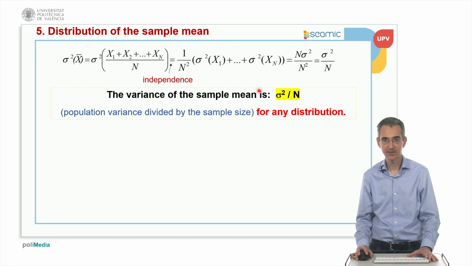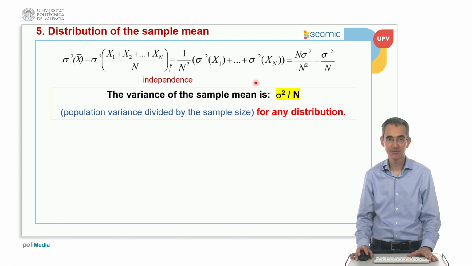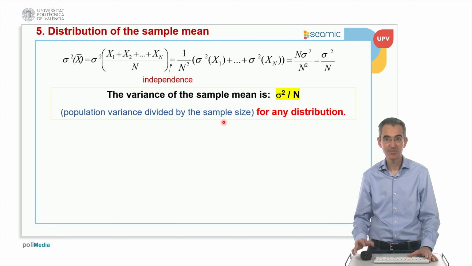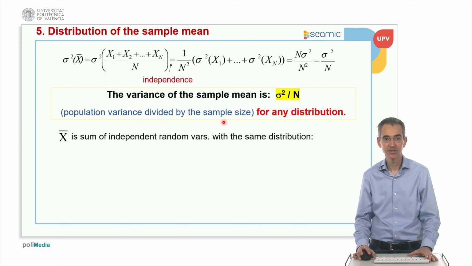So we have this important formula: the variance of the sample mean is sigma squared, the variance of the population, divided by the sample size. And this is true for any kind of distribution, because in these formulas we're not assuming any distribution. Good. So the sample mean is a sum of independent random variables with the same distribution.